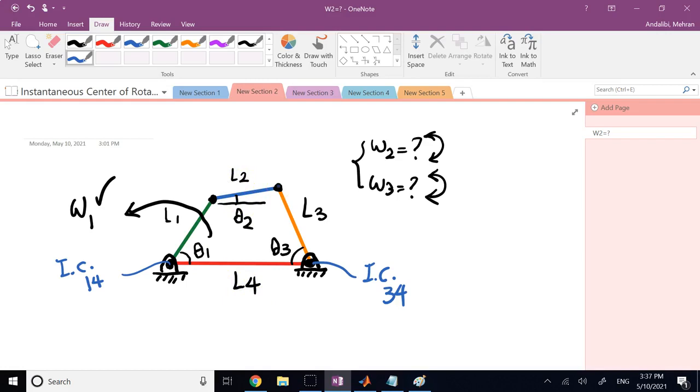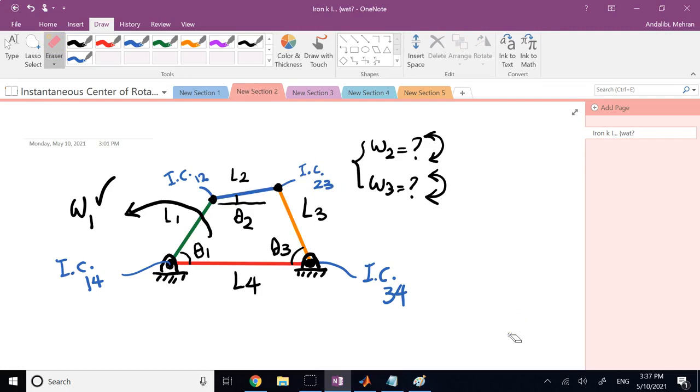But how do we find it? Well, first, here, 2 and 1 are pinned down here, so this is going to be the instantaneous center of 1 with respect to 2, or 2 with respect to 1. Because that's where 1 and 2 are pinned, and this is also the instantaneous center of 2 and 3, because 2 and 3 are pinned down there.